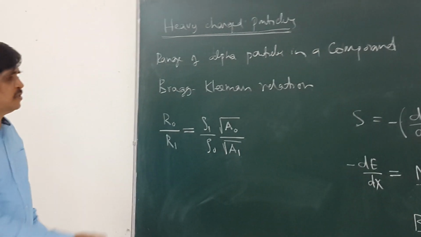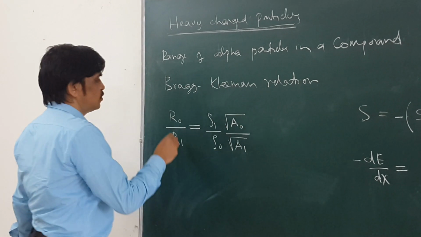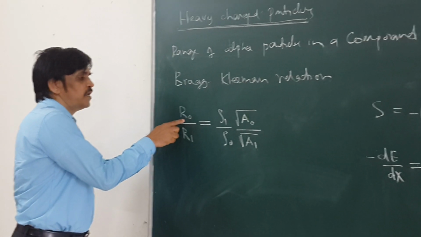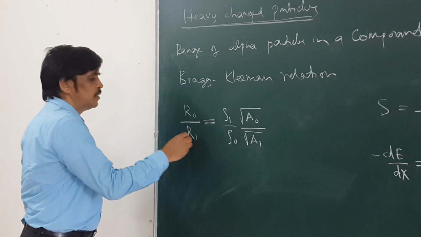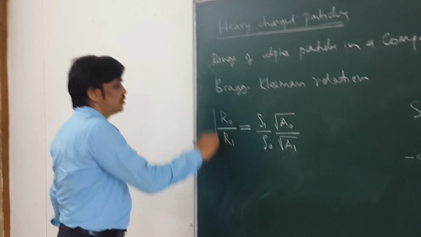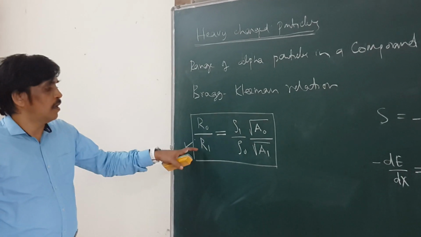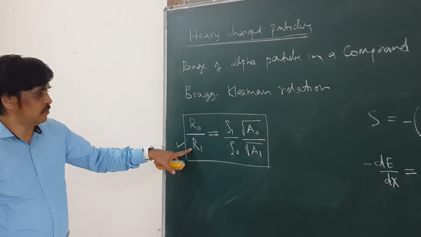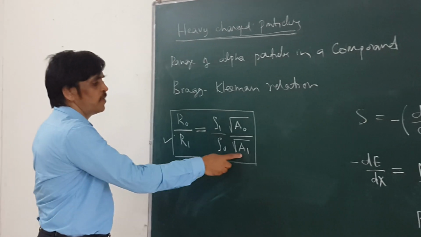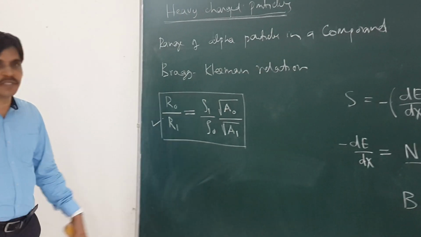That means these parameters on the right hand side are constants. Therefore, if you know the range of alpha particles in one particular medium, you will be able to find out the range in the other medium. So this relation is very useful to find out the range of alpha particles in an unknown medium. Now these are the atomic weights of the respective media, and rho 1 and rho 0 are the densities of the respective media.